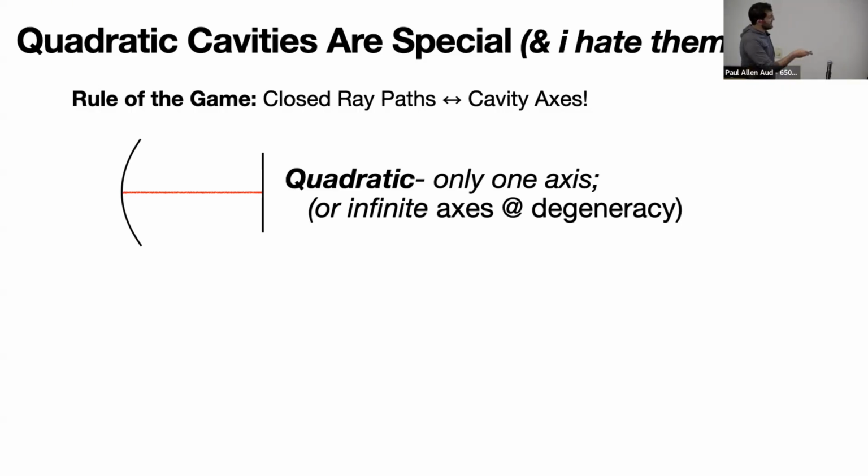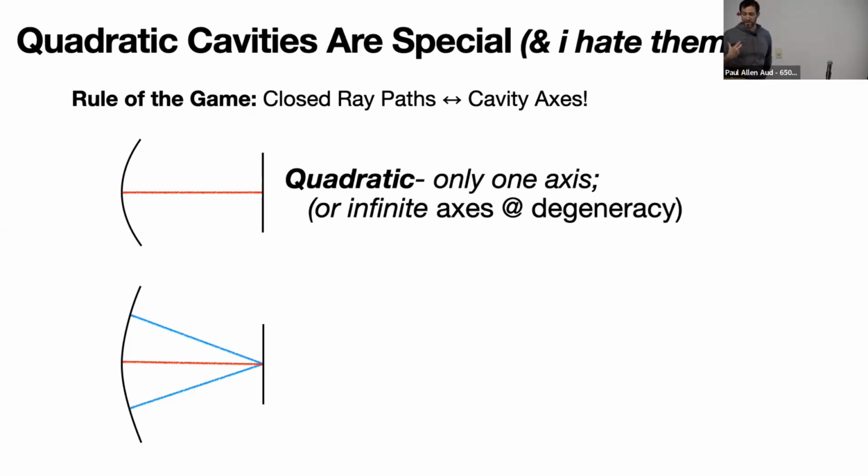And this is a consequence of the fact that your cavity is made of quadratic objects. So if I make a mirror which is not a quadratically shaped object, I can have a situation where this central ray comes back to itself, and that weird ray out there comes back to itself under a round trip, and nothing in between actually does.